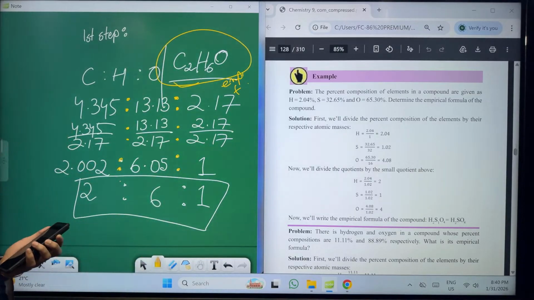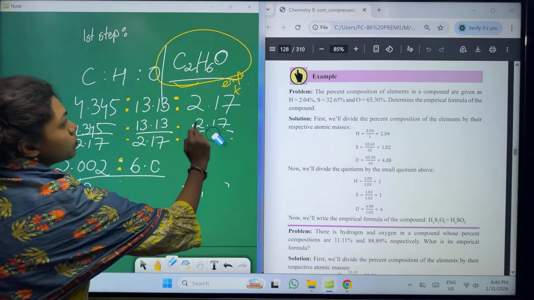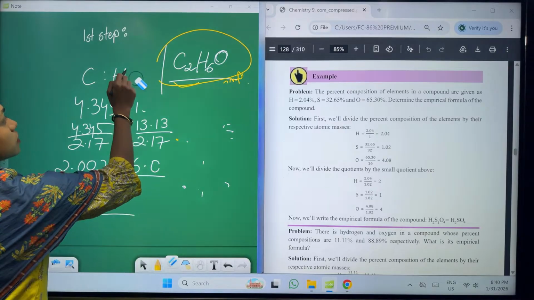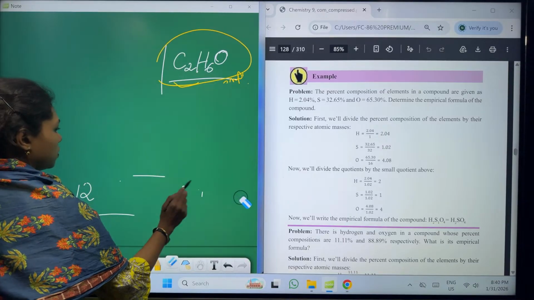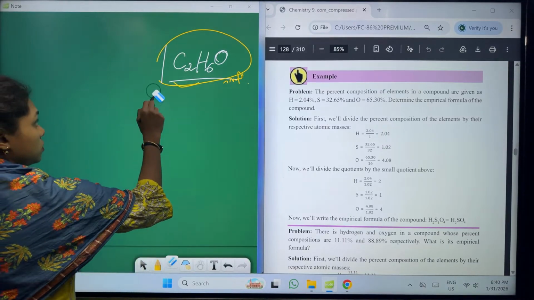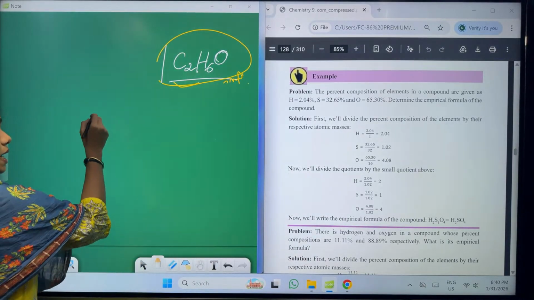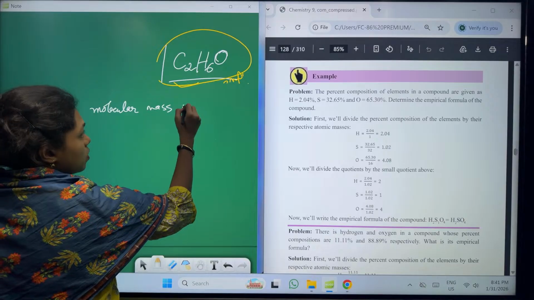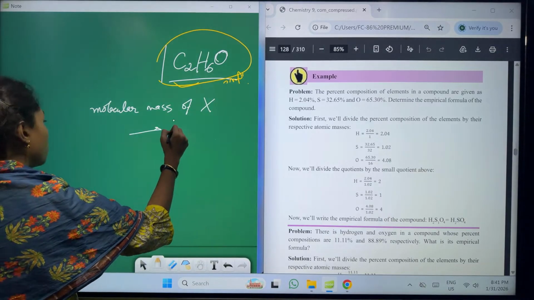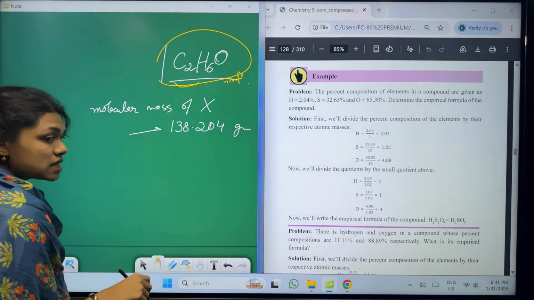Okay, I'm going to erase the whole thing. So this is my empirical formula. Now my next question was, if the molecular mass of X was 138.204 grams, what is the molecular formula?